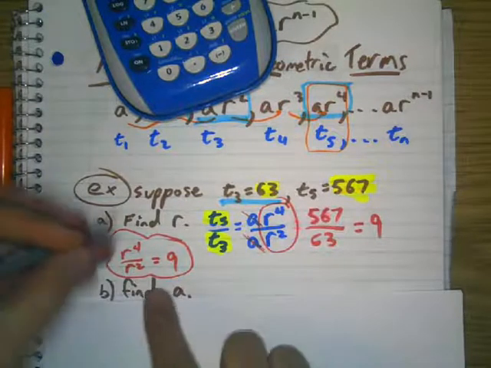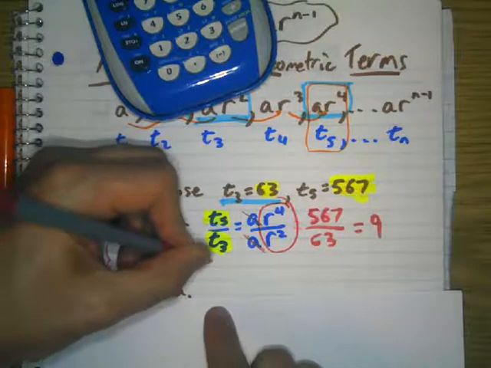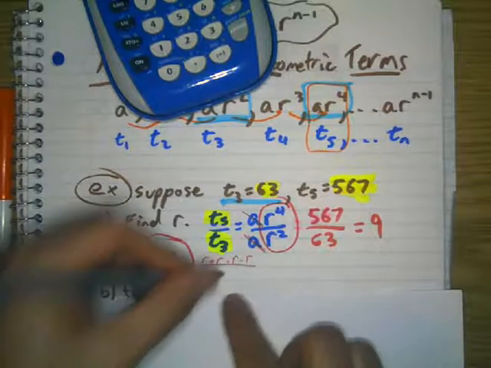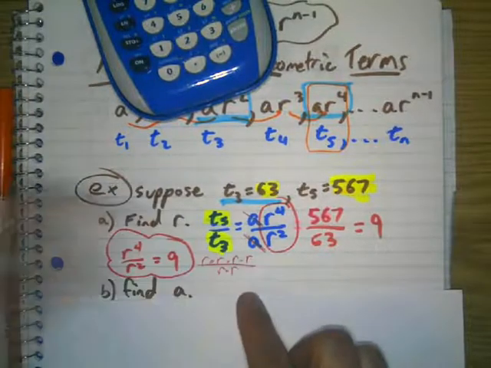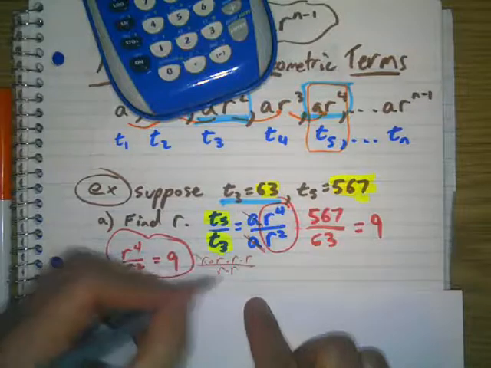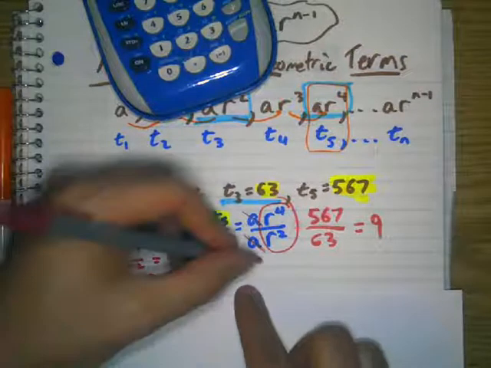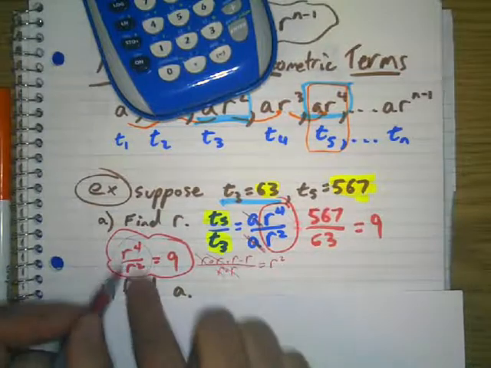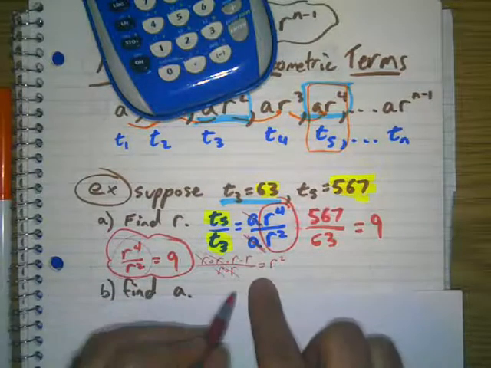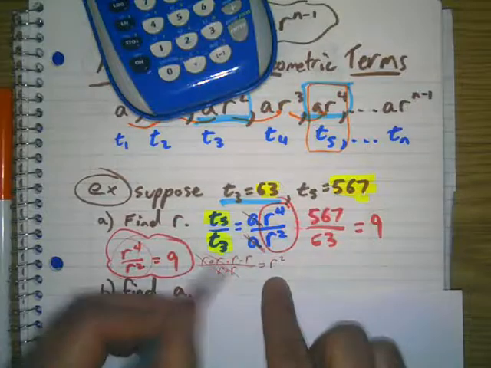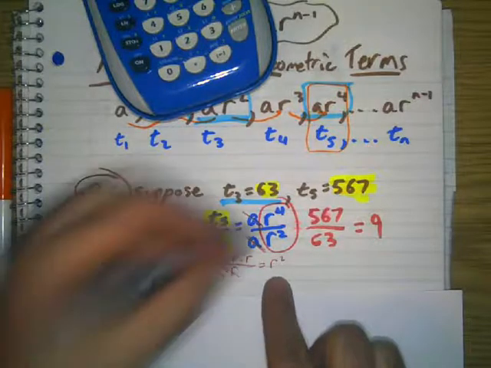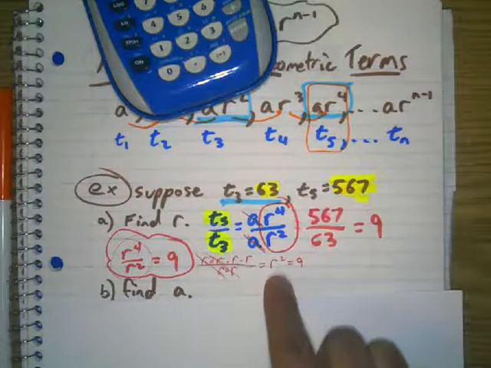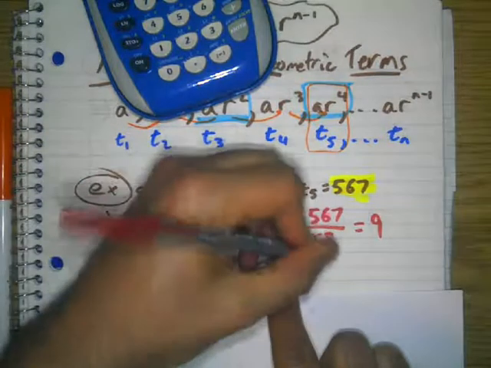Think about it this way. r to the fourth is r times r times r times r, right? r squared is r times r, right? Well, if I cancel out those r's, we're left with r squared, right? So r to the fourth divided by r squared gives me r squared. Now, if r squared is equal to 9, what do you think r is going to be? Square root both sides, and r is equal to 3.